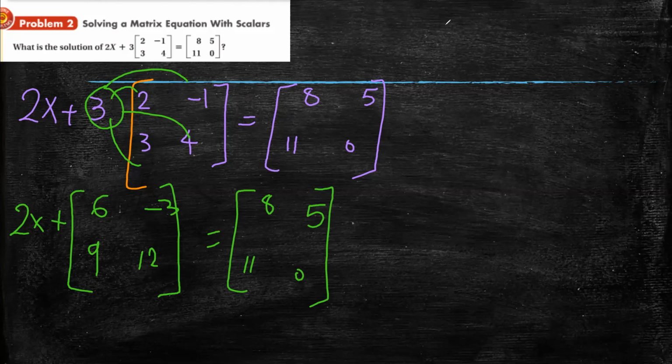Then, as we said before, if you have 2x plus 3 times 5 equals 8, you multiply 3 times 5, then isolate the variable in one term and the numbers in the other term. Here we have to do the same: isolate the variable in one term and the matrices in the other term.